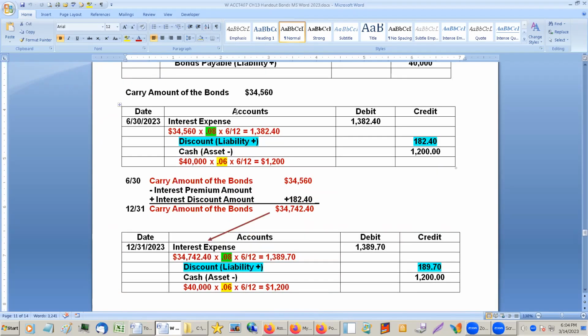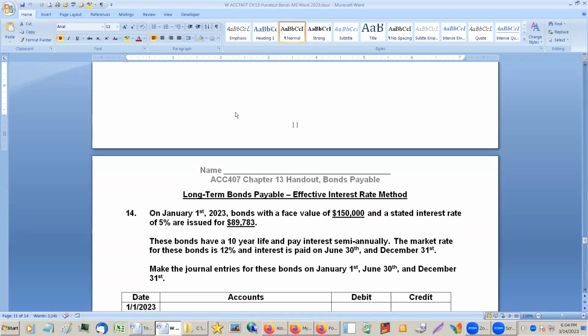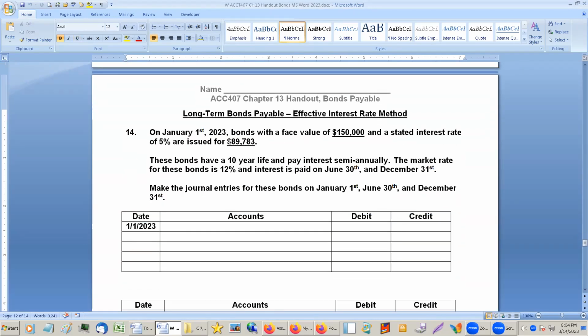Sometimes they'll just tell you what the proceeds were. So in this case, they'll show you that these bonds had a face value of 150,000, but they were issued for 89,783.